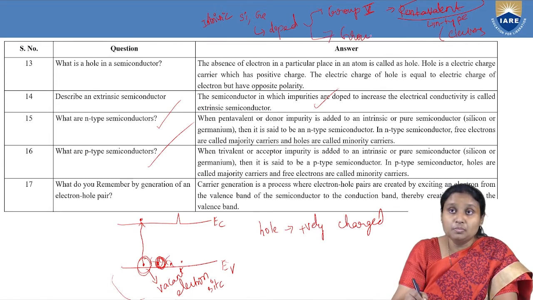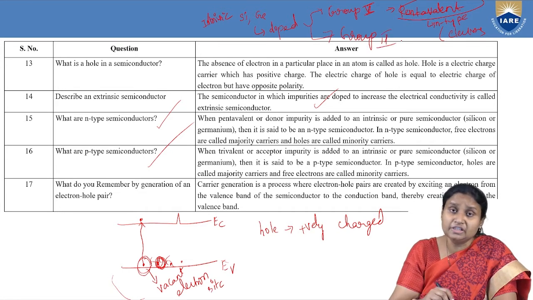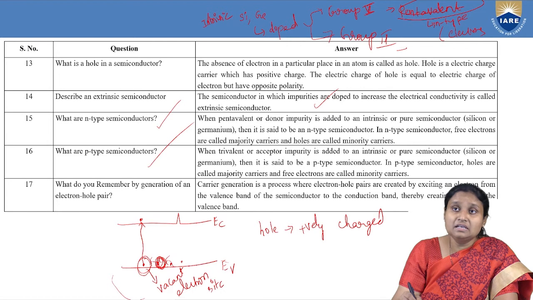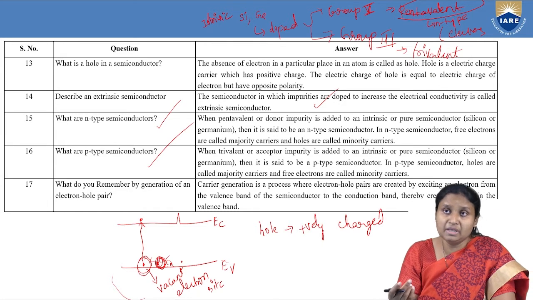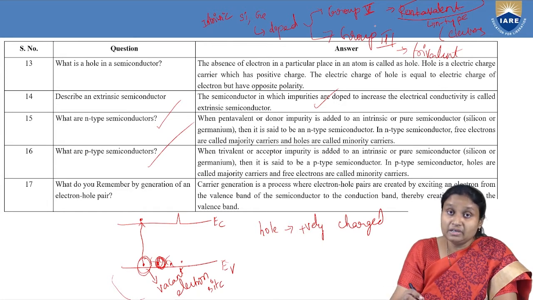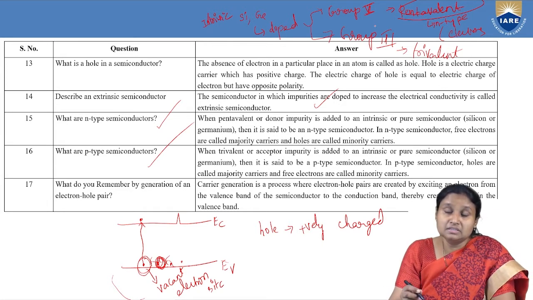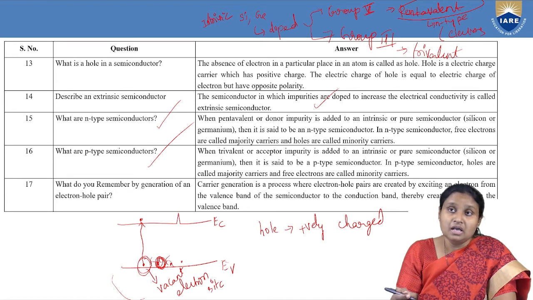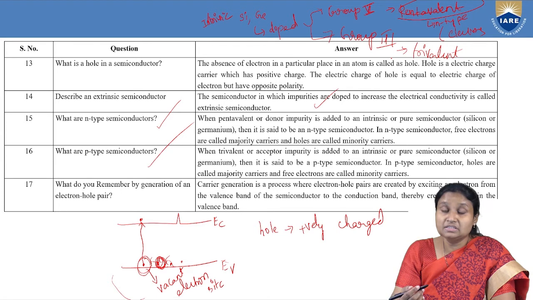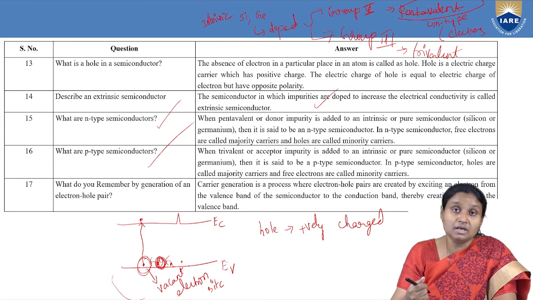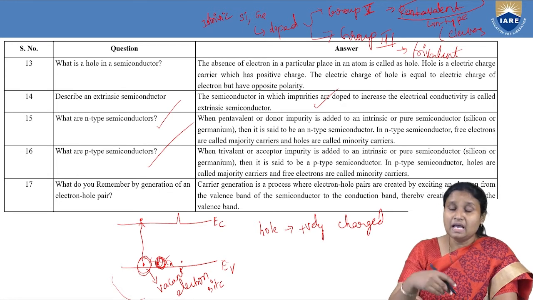Similarly, when we talk about p-type semiconductors, completely opposite to n-type, here we are going to dope group 3 elements, which consist of 3 valence electrons, and these are called trivalent impurities. Examples we can take are boron, aluminum, gallium. And for pentavalent impurities, we can take arsenic, antimony, phosphorus. Coming back to group 3 elements, these trivalent impurities are called acceptor impurities.